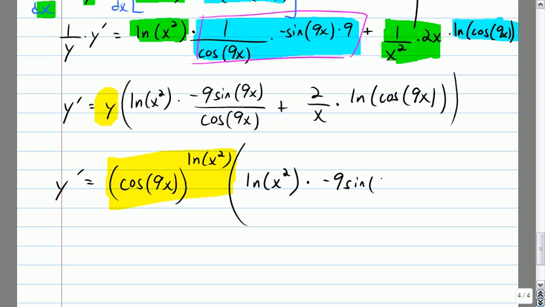Negative 9 sine 9x over cosine 9x plus 2 natural log of the cosine of 9x all over x.